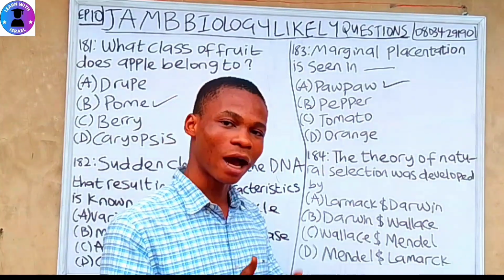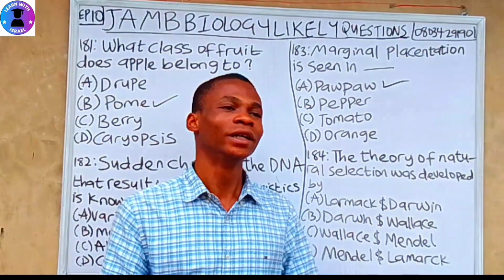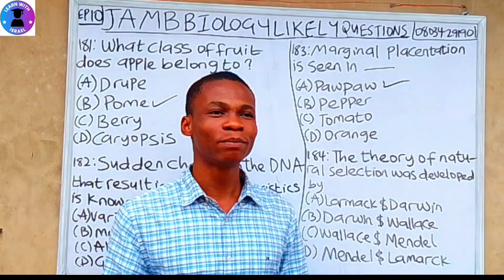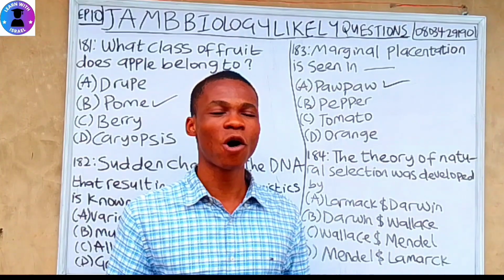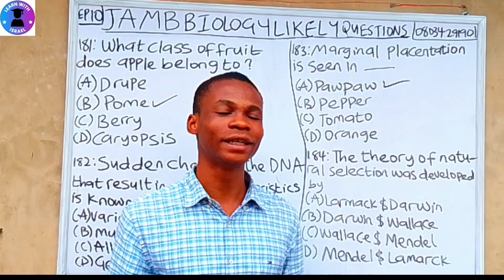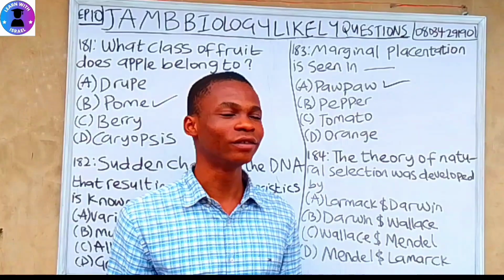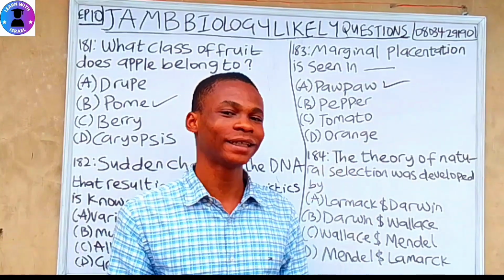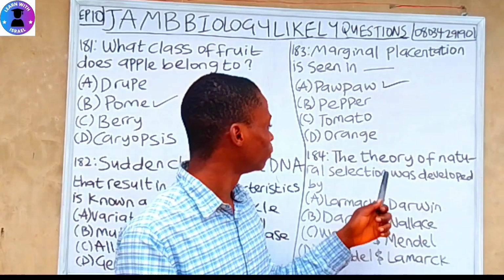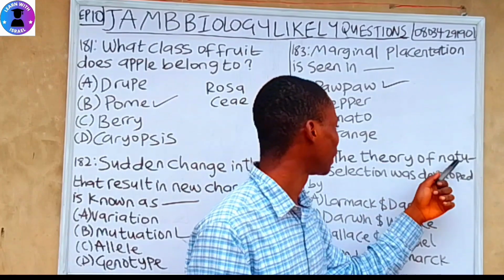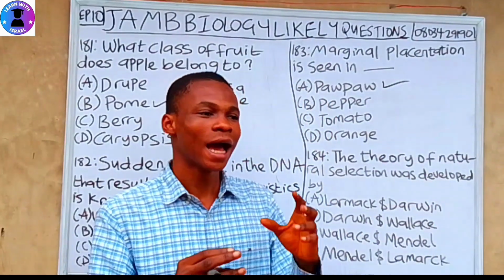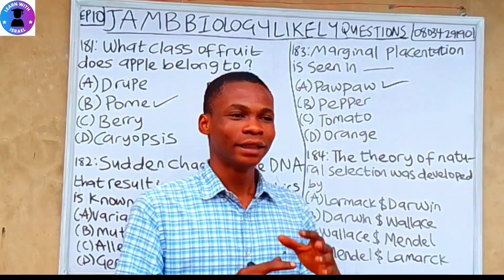Lamarck, Darwin, Wallace and Mendel are all people involved in genetics, evolution and variation. But the people who really talk about the theory of natural selection are Lamarck and Darwin.